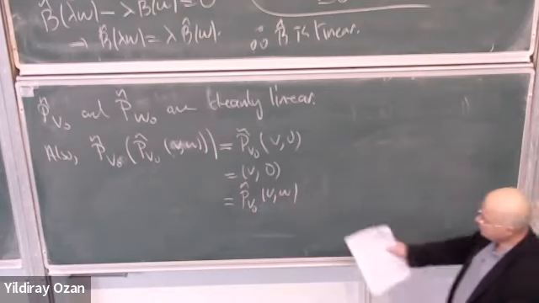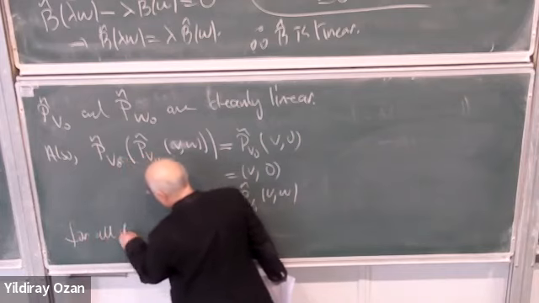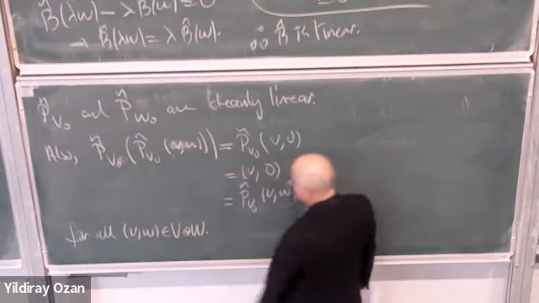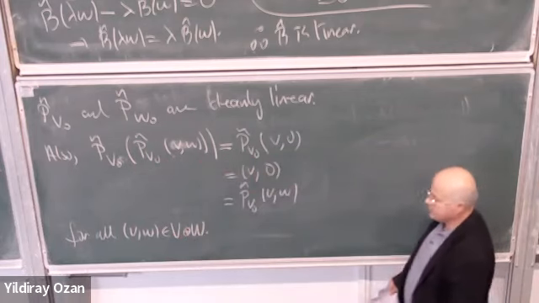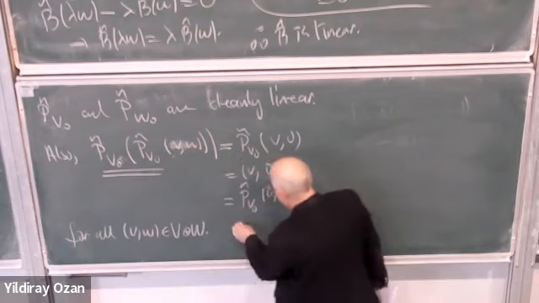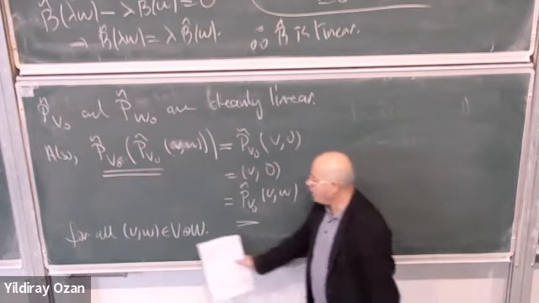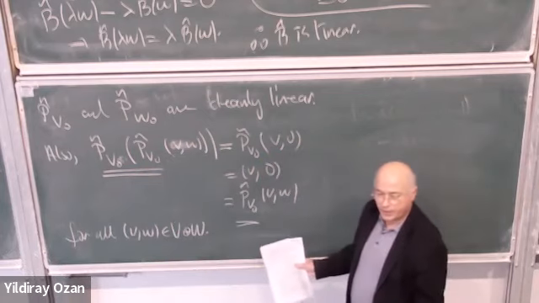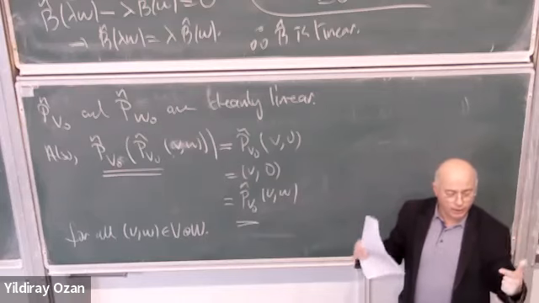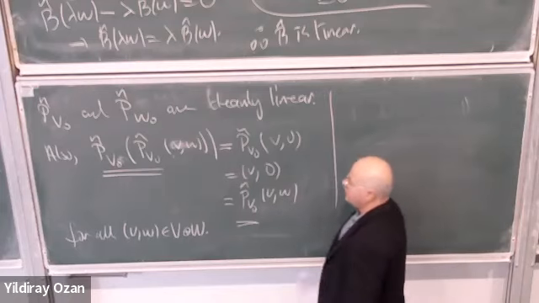Right? And this is true for all V comma W in the direct sum. So what we see is that this composition is the same as this map at all the elements of our vector space. Right? I have two functions which take the same value at all elements of their domain, where it is defined.